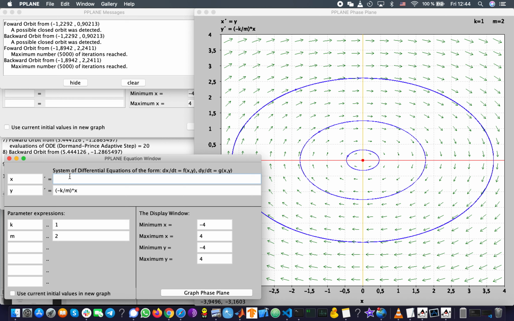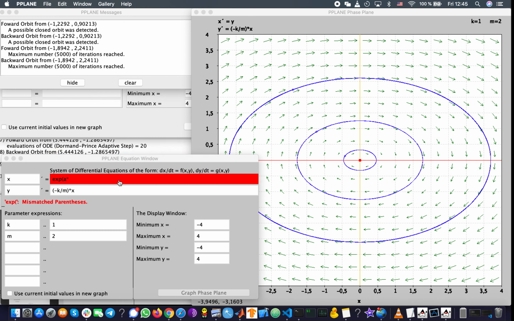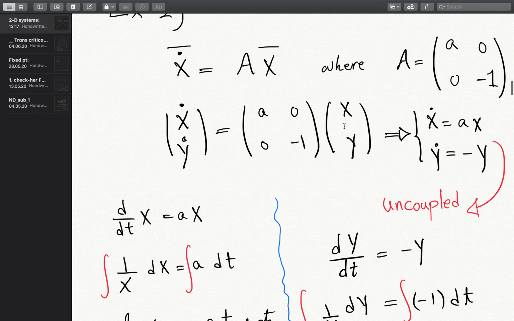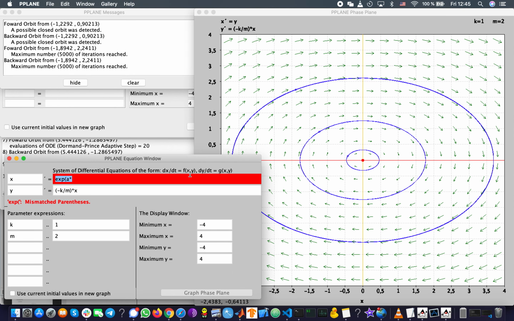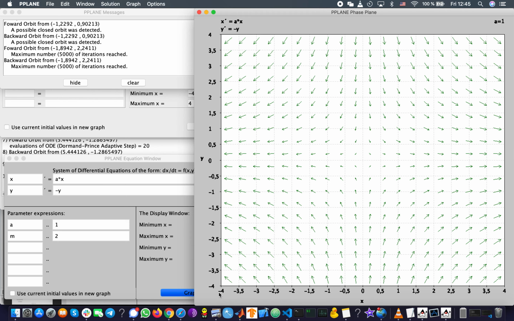So x prime is... what was that? I am wrong here. I should write these things: a times x, and this is minus y, and a is 1, for instance.